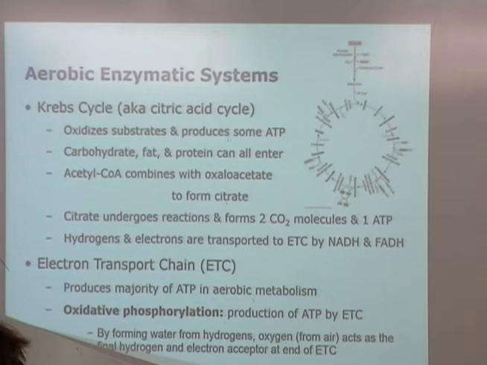Because technically you've got hydrogens and electrons working through the chain, but this isn't a chemistry class, right? So we're going to stick with, we're dropping off hydrogen, the hydrogen works its way through the chain, and as it goes through the chain, lots and lots of ATP come off. Okay? A lot of ATP is produced while the hydrogens and electrons go through the chain.